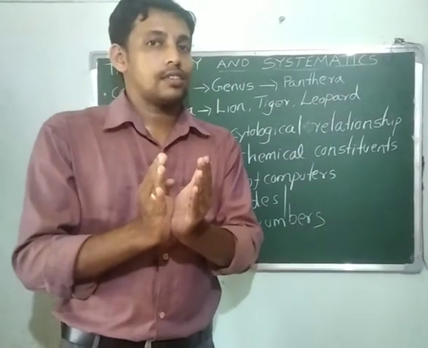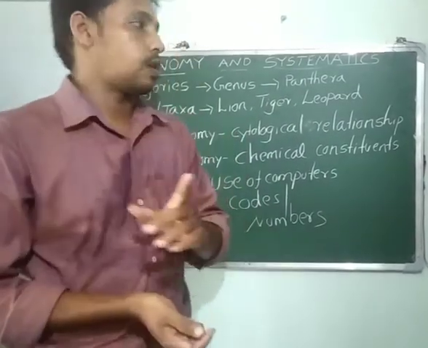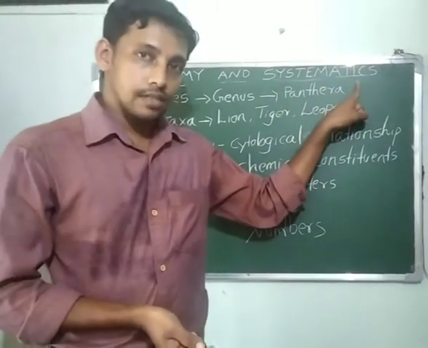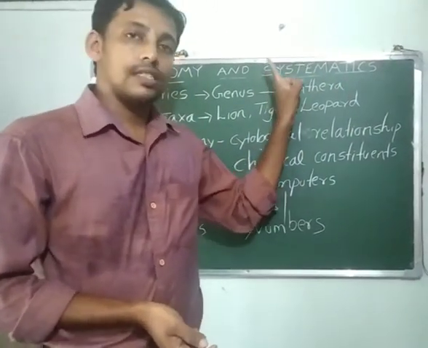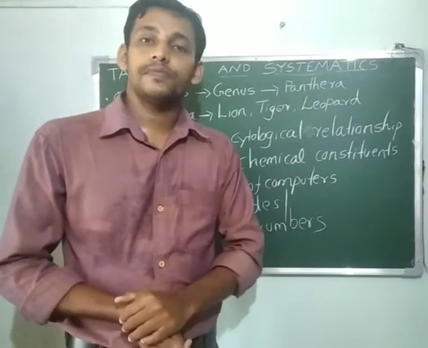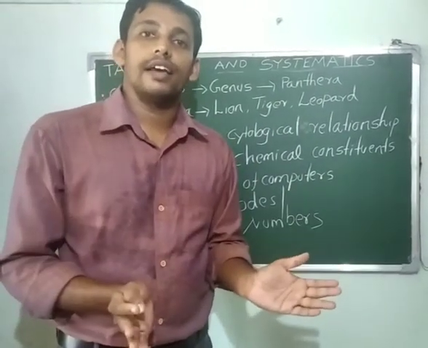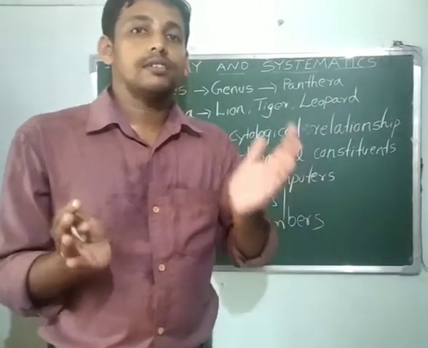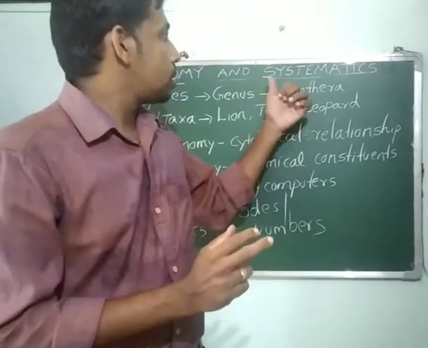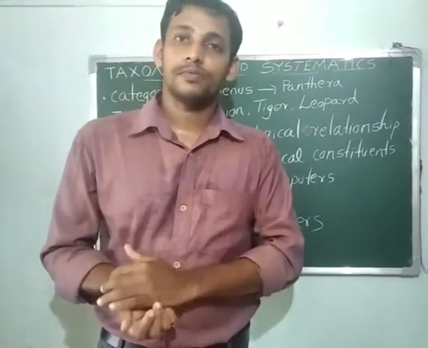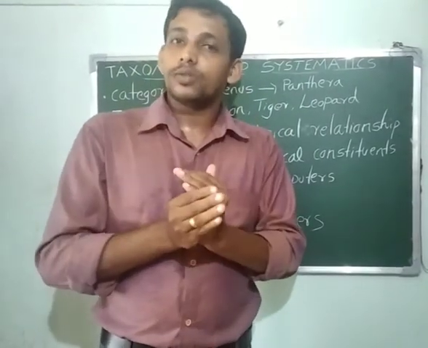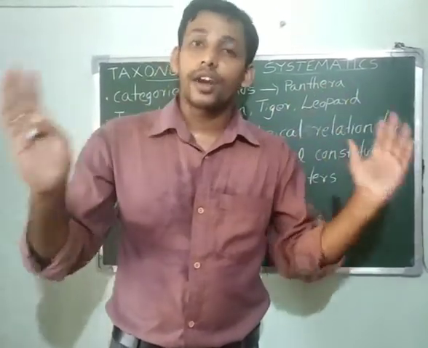This branch of biology is known as systematics. Systematics is a branch of biology which deals with these diverse kinds of organisms and the relationship among them. Now we are moving to the taxonomic hierarchy.